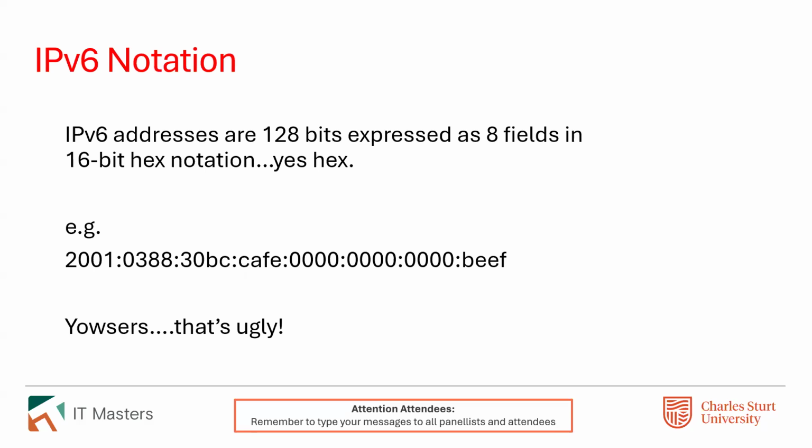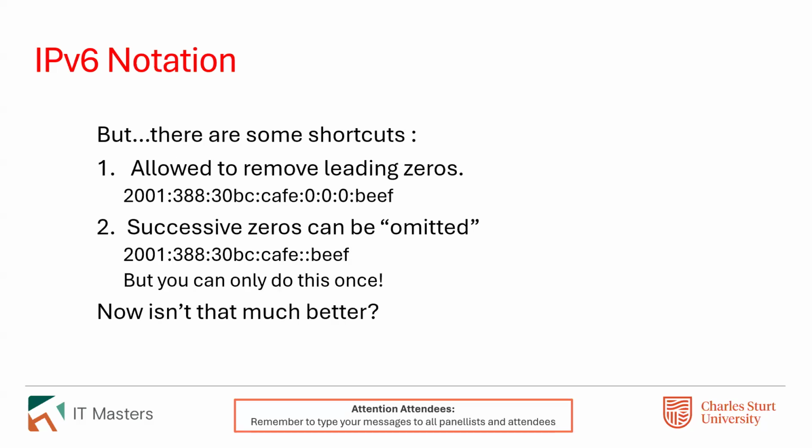So there's a good example of an IPv6 address. It gets pretty ugly pretty quickly, and you do end up with lots of zeros in them because obviously with ridiculously large numbers of hosts, you're going to have a lot of empty space. But there are some ways you can simplify this.